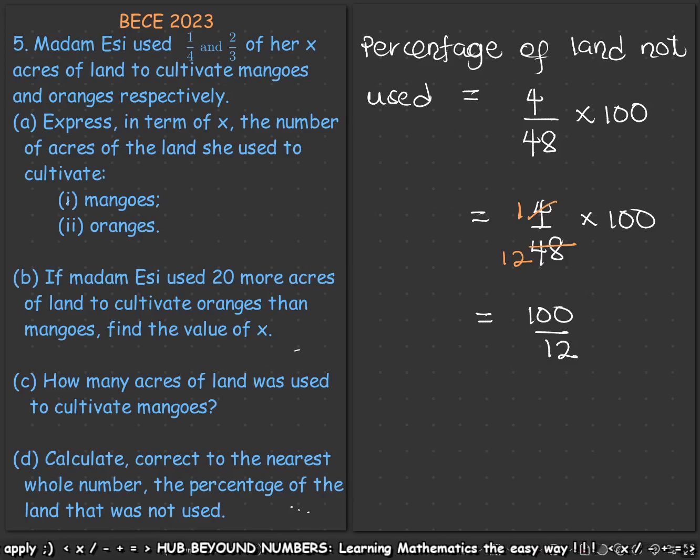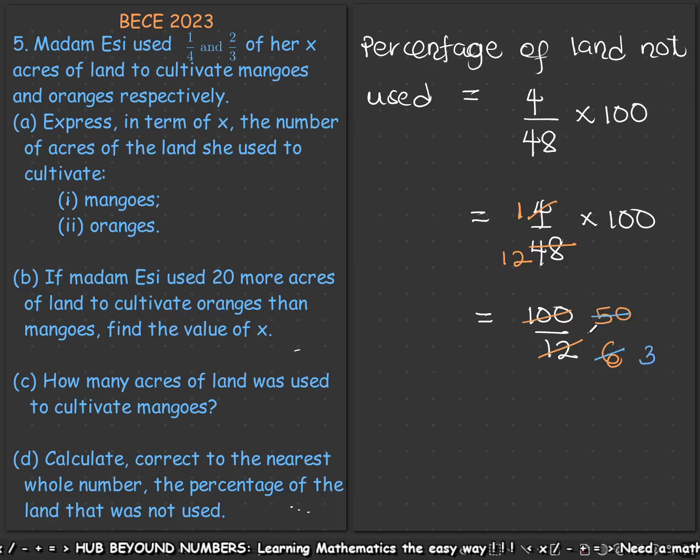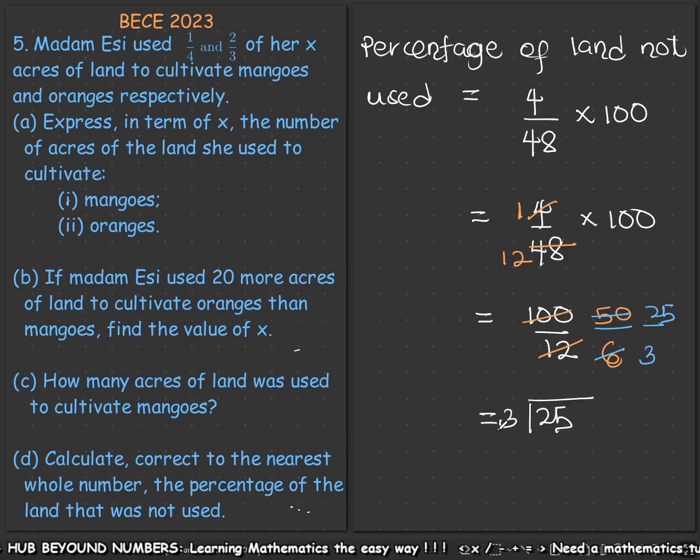Or better still, 2 divides 12 6 times, and it divides 100 50 times. In the same way, 2 divides 6 3 times and it divides 50 how many times? 25. So we want to evaluate 25 divided by 3.